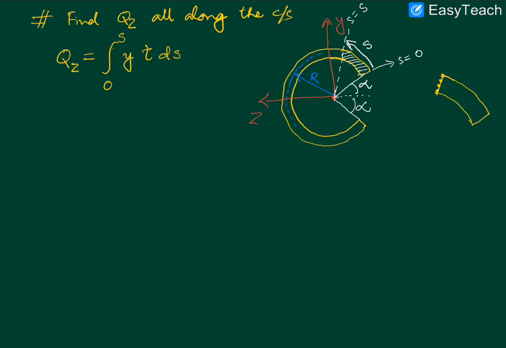So let's represent the angle here by a generic angle phi. So S will be equal to R times phi.